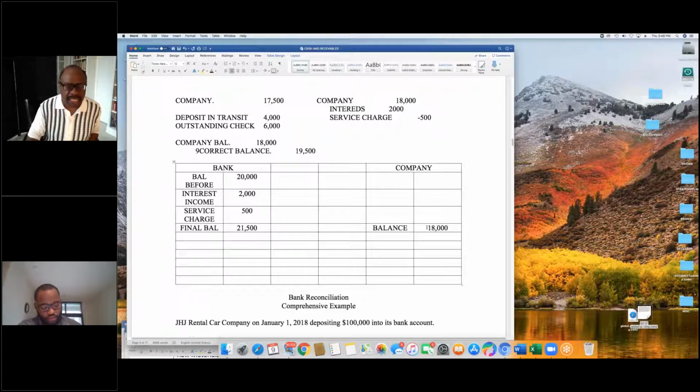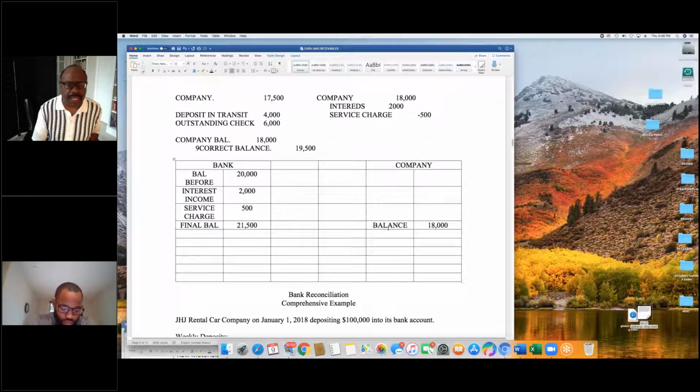So the company says it has a balance of 18,000. But there are some items that the bank doesn't have.